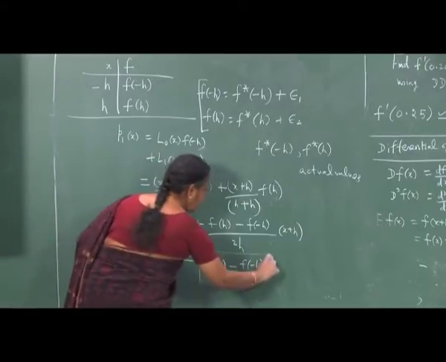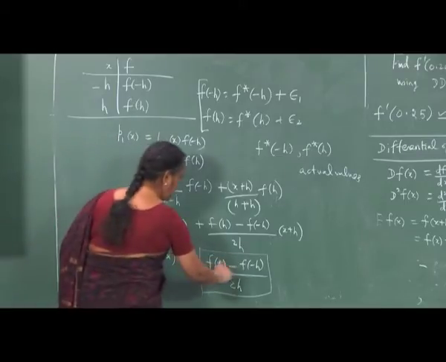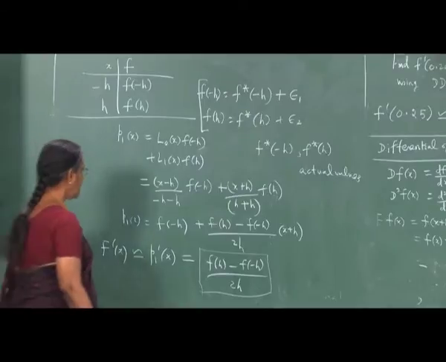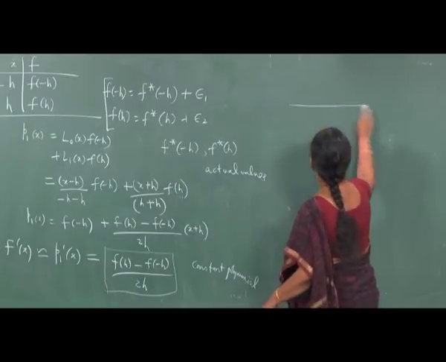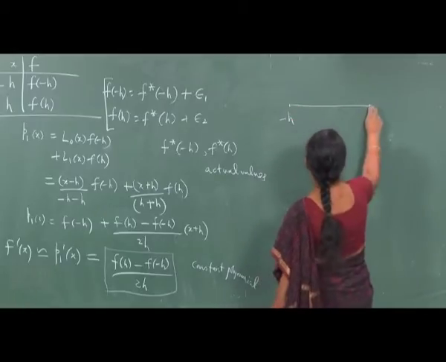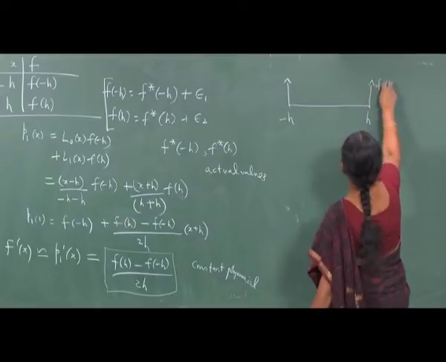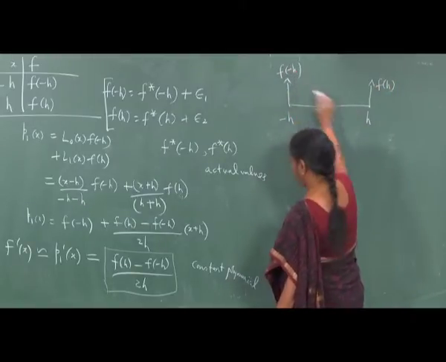So, it involves the function values which are specified, the difference between them by 2h. So, this is a constant. So, there are 2 points minus h and h. So, the function values at this point minus the function value at this point are used.